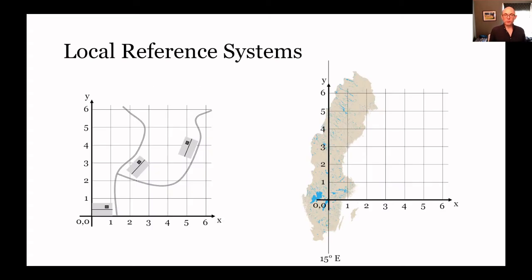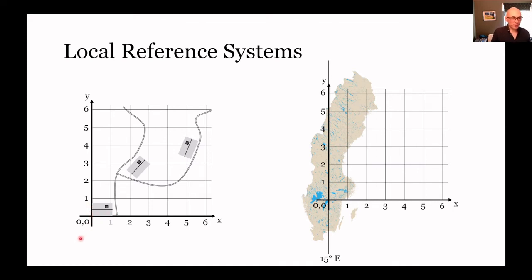So our local reference systems might look something like this, where on the left we have a very local system, completely disconnected from the world. It's applicable only to this very small area. And in the silly example that we have here, our axes for X and Y have been defined as the walls on this house.